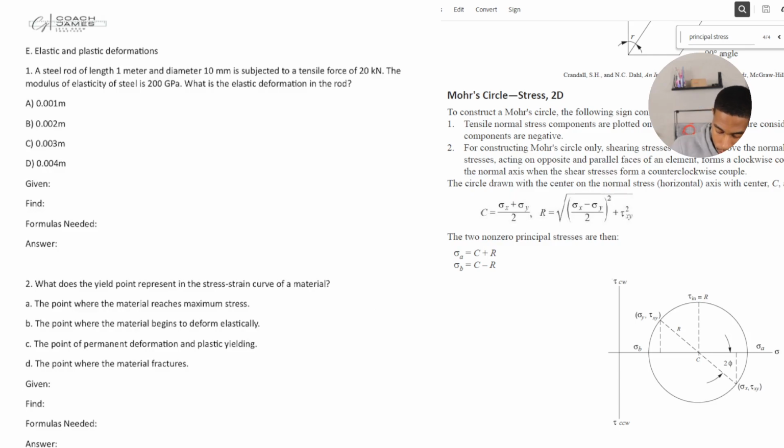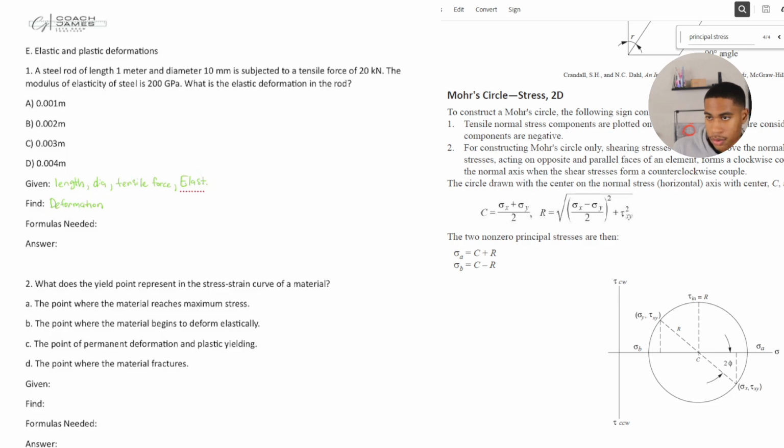We're given the length of the rod, the diameter of the rod, the tensile force, and the modulus of elasticity. We're asked to find the deformation.